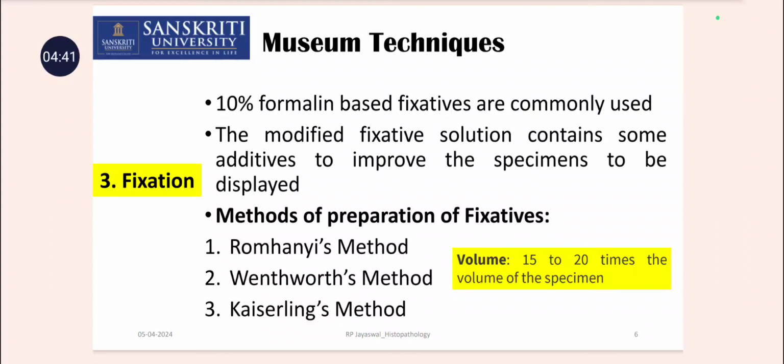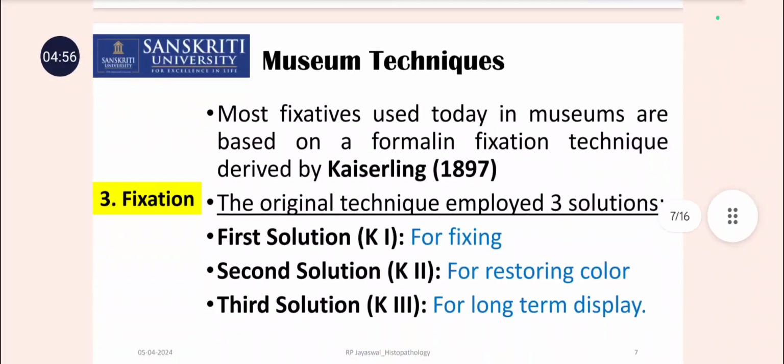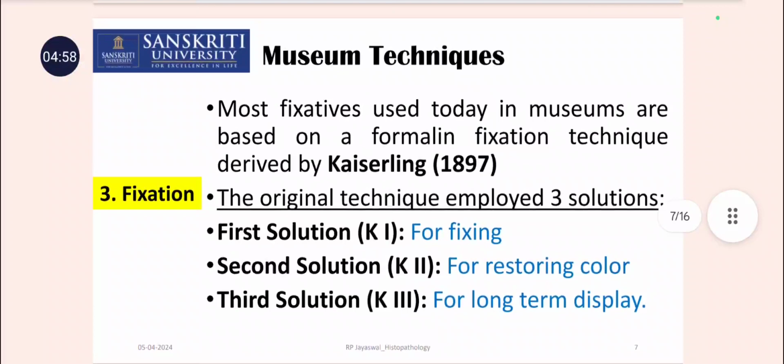Now for fixation, how much volume of fixative should be taken? It is recommended that 15 to 20 times the volume of the specimen is the most suitable volume. Now the fixation purpose. The most used fixative today uses the fixation technique described by Kaiserling in 1897.